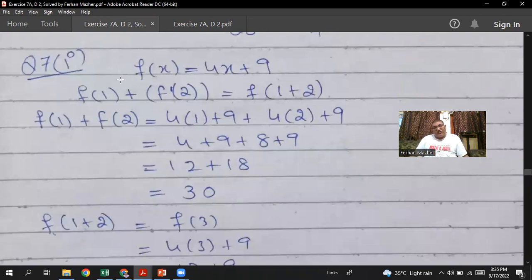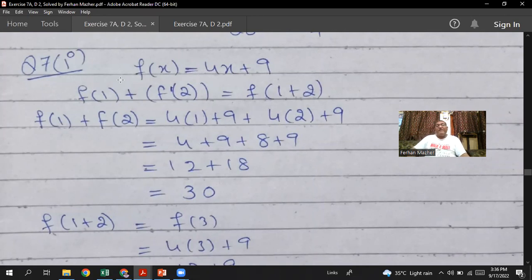So f of x equals 4x plus 9. First of all, I will take the left side, which is f of 1 plus f of 2. So f of 1 plus f of 2 will be equal to 4 into 1 plus 9 plus 4 into 2 plus 9. So it will be 4 plus 9 plus 8 plus 9, and that will be 12 plus 18, and it will be 30. That is the left side.